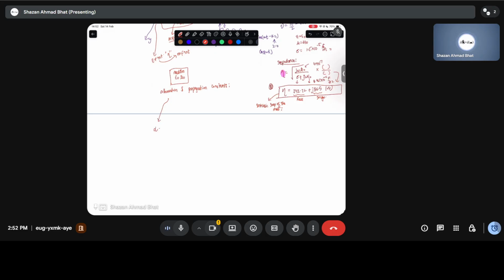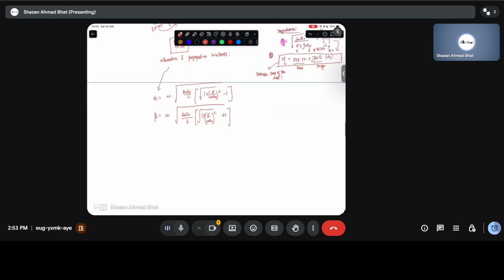You know that the attenuation coefficient alpha is basically the frequency-dependent square root of mu naught epsilon naught divided by 2, times the square root of 1 plus (sigma divided by omega epsilon naught) squared, minus 1. And the propagation coefficient is basically the square root of mu naught epsilon naught divided by 2, times the square root of 1 plus (sigma divided by omega epsilon naught) squared, plus 1. So these are similar except that there is a sign change here.